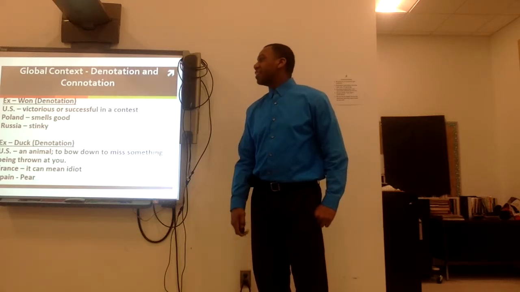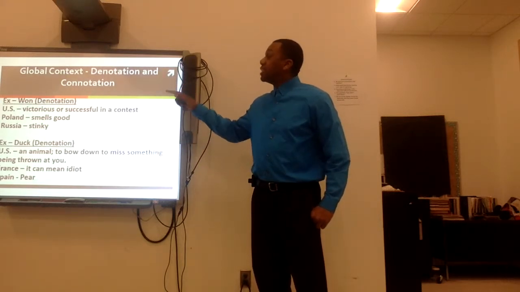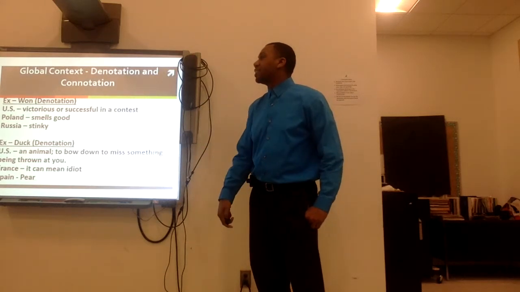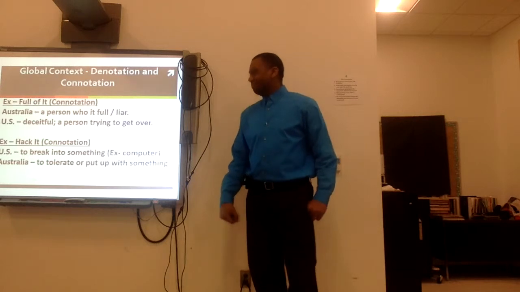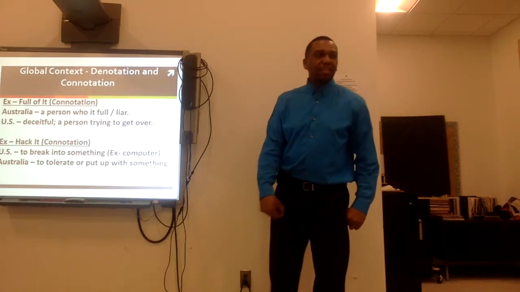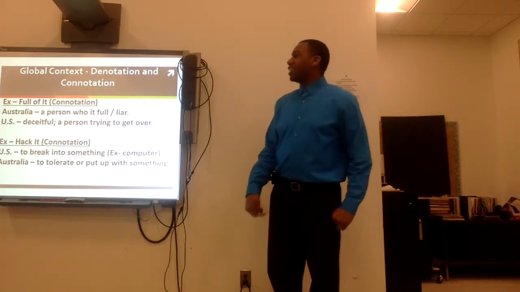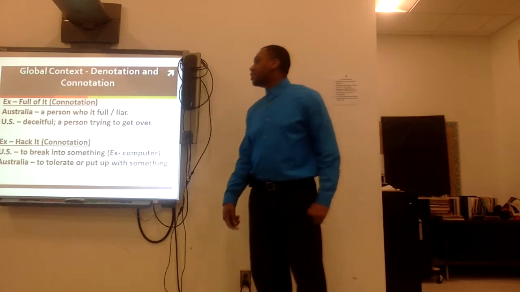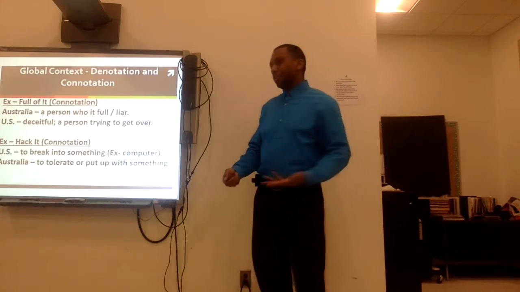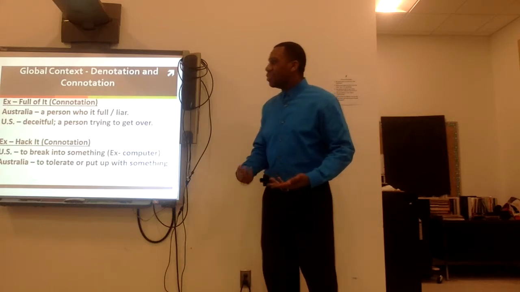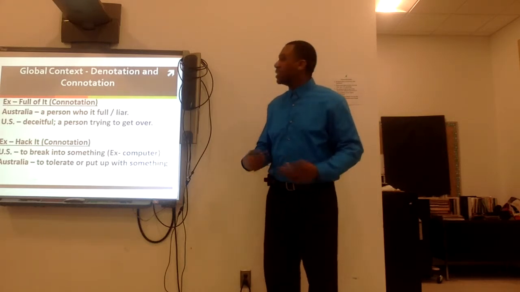All right, so here are differences in dictionary meanings. Let's look at differences in colloquial everyday language. Full of it. In Australia, if I say you're full of it, it's a person who is literally full from eating, or a person who's a liar. In the U.S., if I say you're full of it, that means you're deceitful.